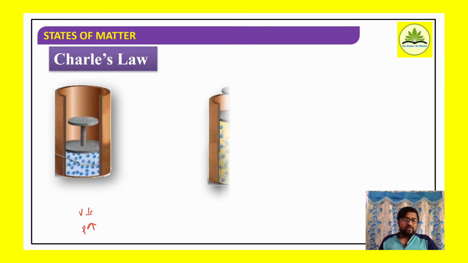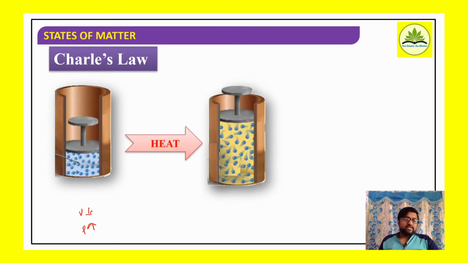Now if we increase the temperature, that is, if you heat this system, a vessel filled with gas with the piston at the lower end, indicating the volume of the gas is less and the pressure is more, what happens?